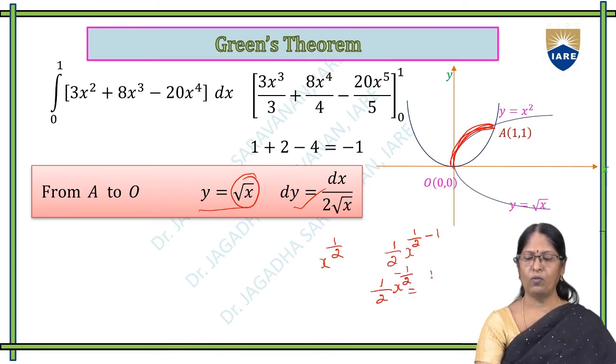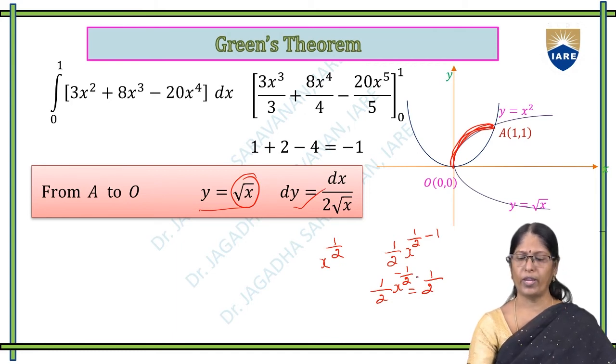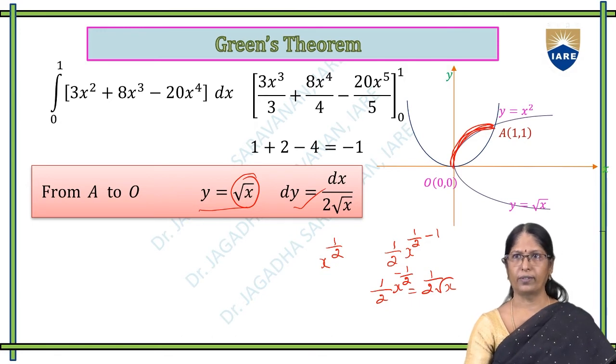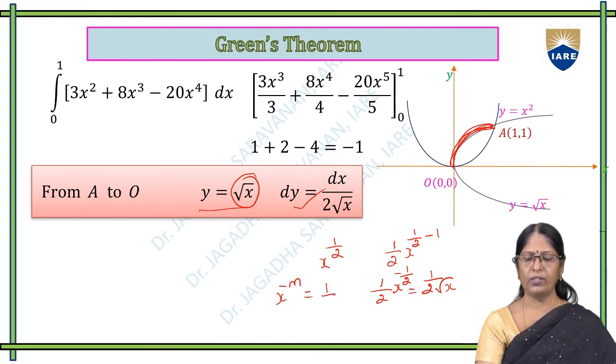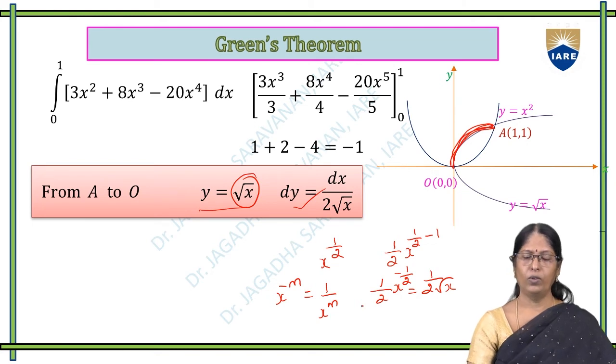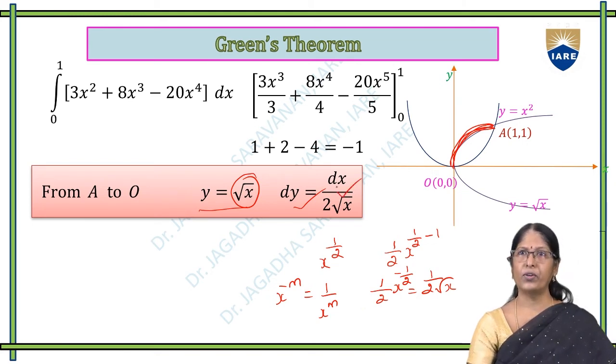We can bring the x power minus 1 by 2 down, then it is root x, according to the exponential law: x power minus m can be written as 1 by x power m. So for root x, the differentiation is dx by 2 root x.